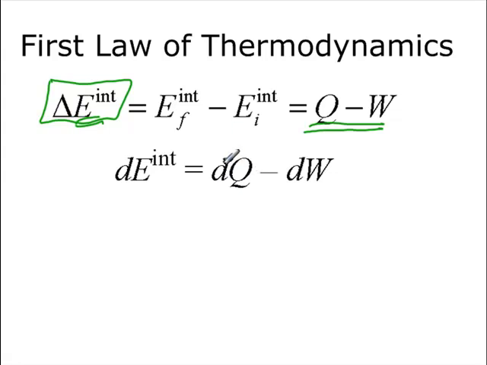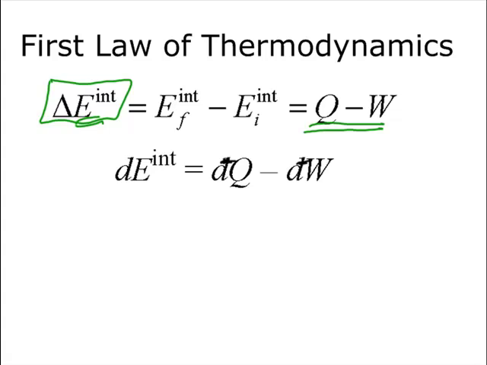So sometimes people like to put a small line through here to remind you that it only means small amount. It's not a differential. But for our purposes in physics, it still works perfectly fine. This is a small amount of thermal energy transfer, heat. This is a small amount of mechanical energy transfer, work. And this is the net change in internal energy. It is a true differential.